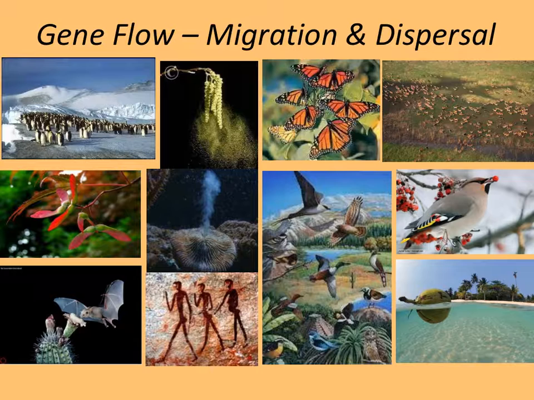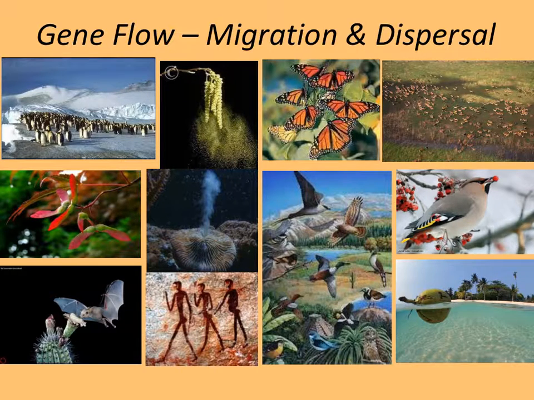Okay. The next force, or the last force we're going to look at, besides selection, mutation, genetic drift, and non-random mating, is gene flow. Gene flow is alleles moving from one population to another.